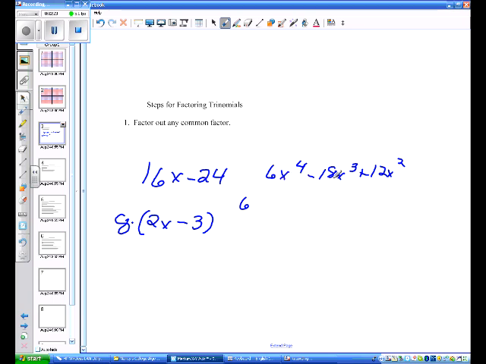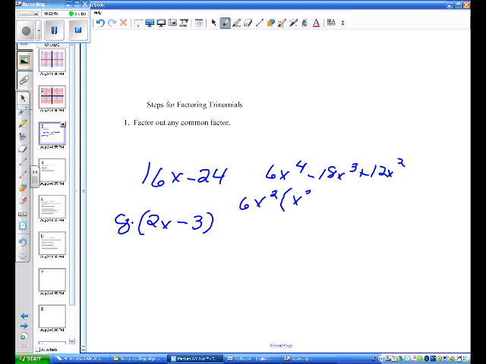Then since each of these terms has an x, we factor out the lowest exponent. So we're going to factor out an x squared. Now we want to find out what our other factor would be. 6x squared times what would give us 6x to the 4th?